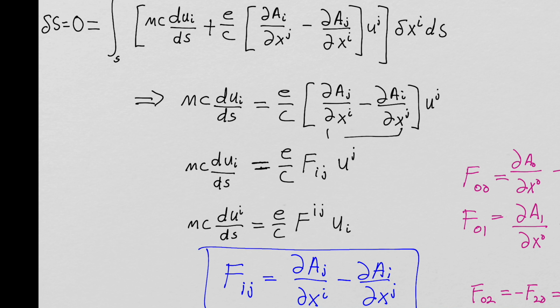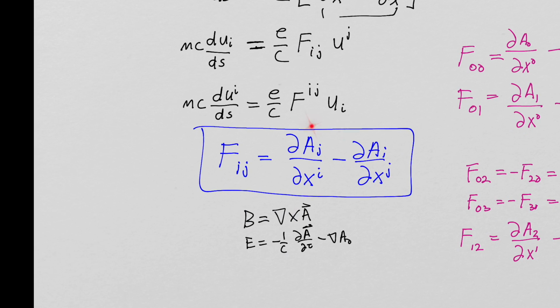And this captures everything about the electromagnetic field. But it's sort of a notation thing, right? We've squeezed in this difference to be defined as this electromagnetic field. And so ultimately, this is our expression. And we can write it in its covariant form or its contravariant form.